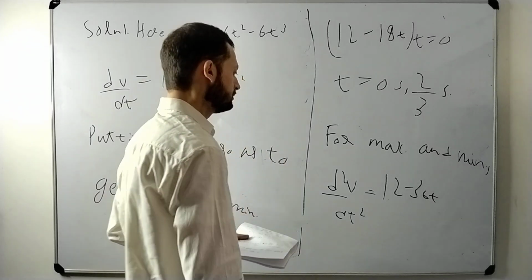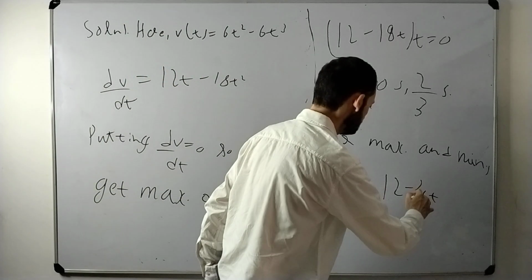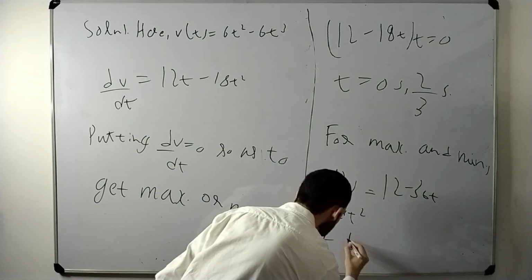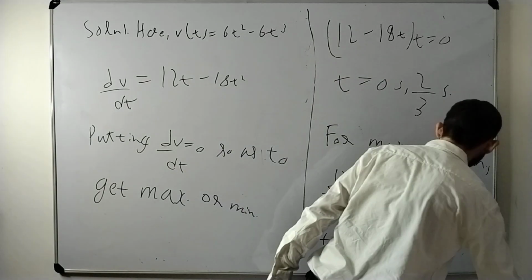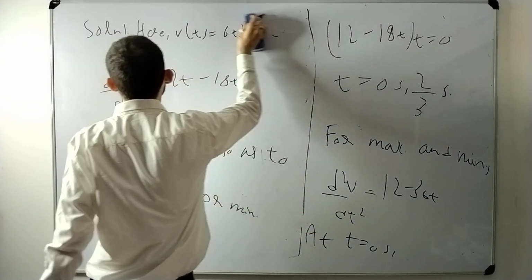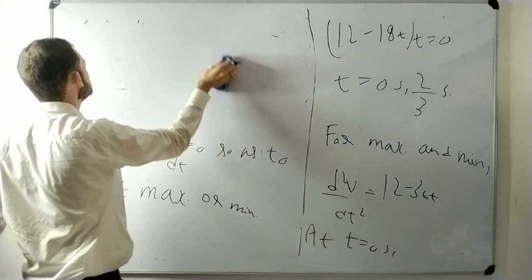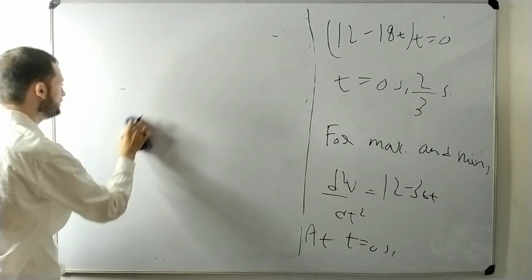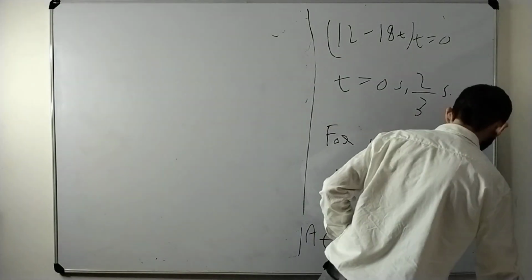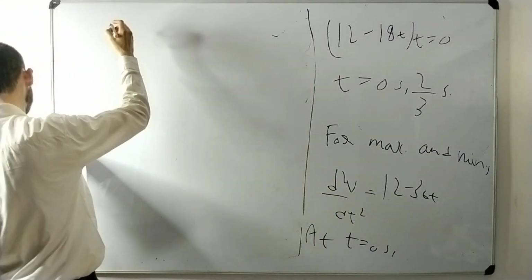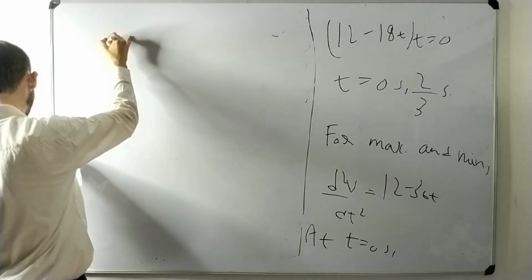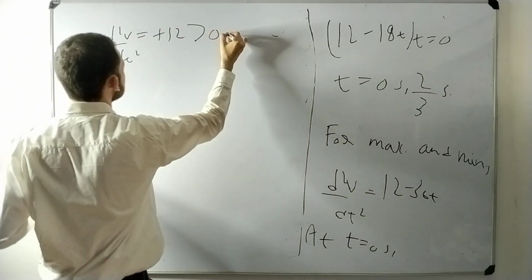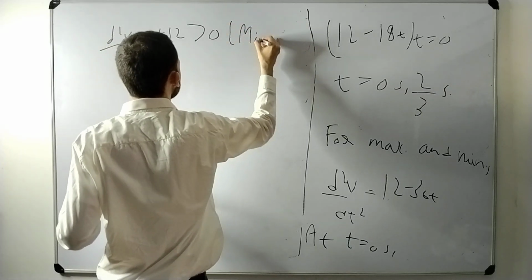I will check at t equal to 0 second. It gives 12, and 12 is a positive value. So what is it? Minima. At time t equal to 0 second, d²v/dt² is 12, greater than 0, and this is minima.